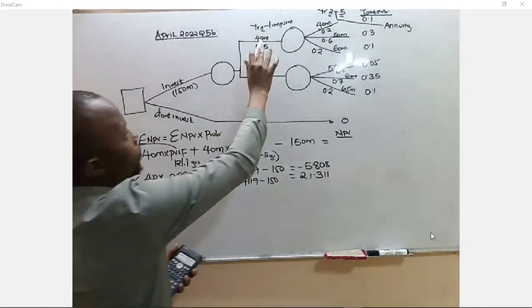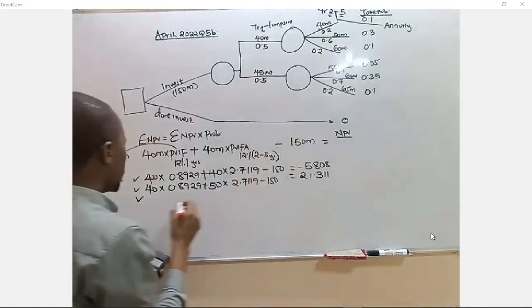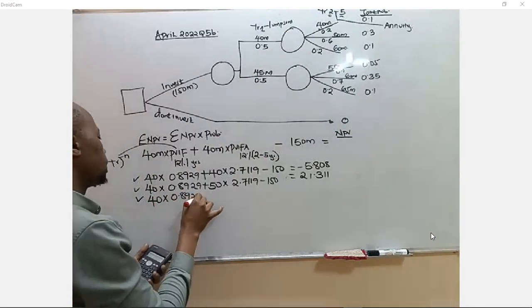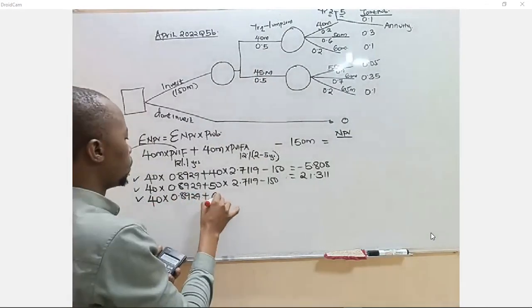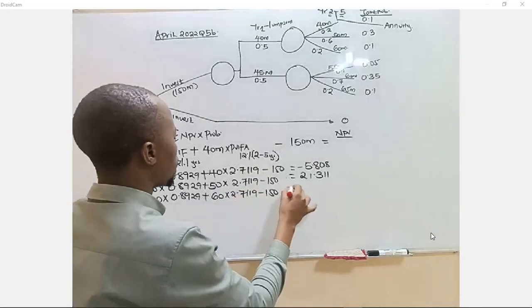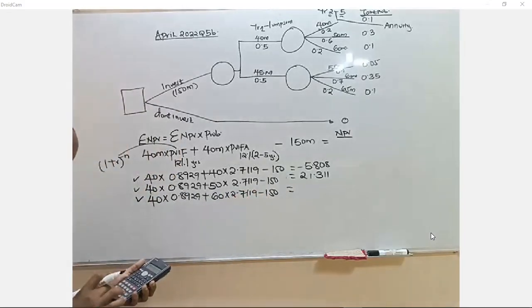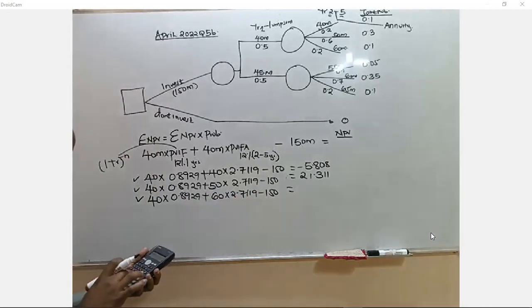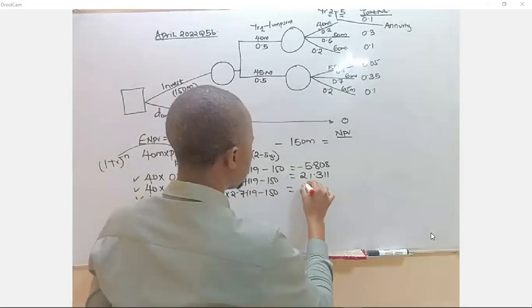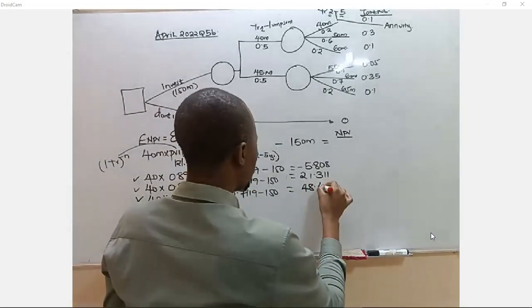Let us look at the other rows. The other row will be 40 and 60. So I just repeat it: 40 times 0.8929 plus 60 times 2.7119 minus 150. How much am I getting here? I'm getting 48.43.